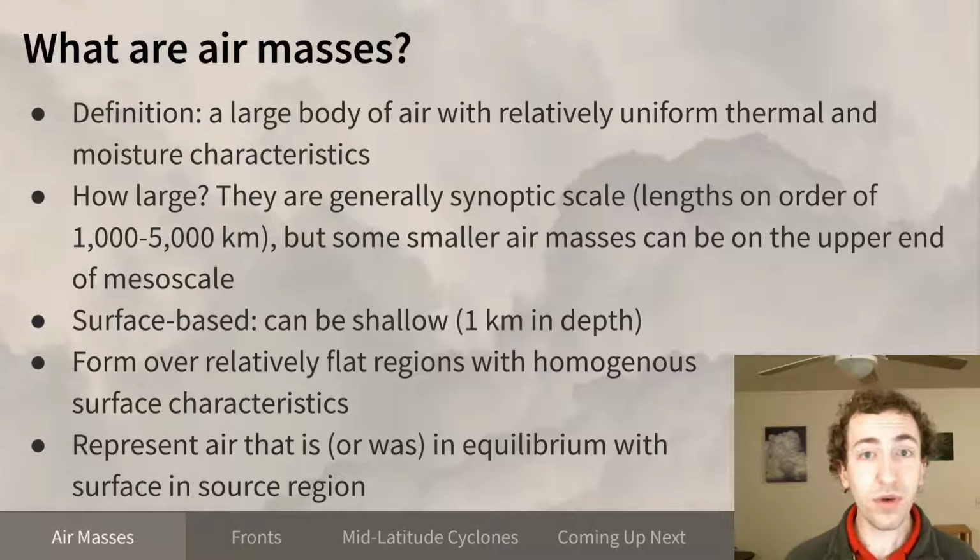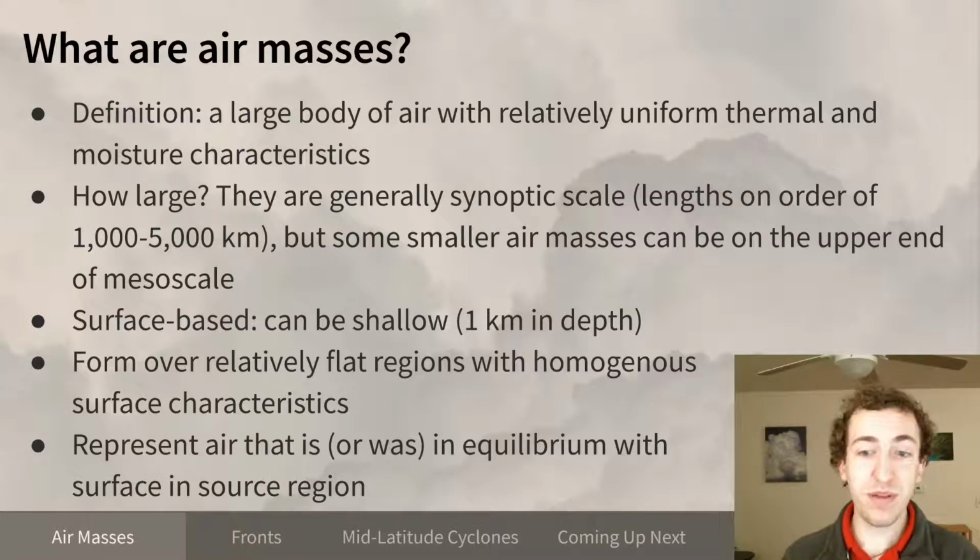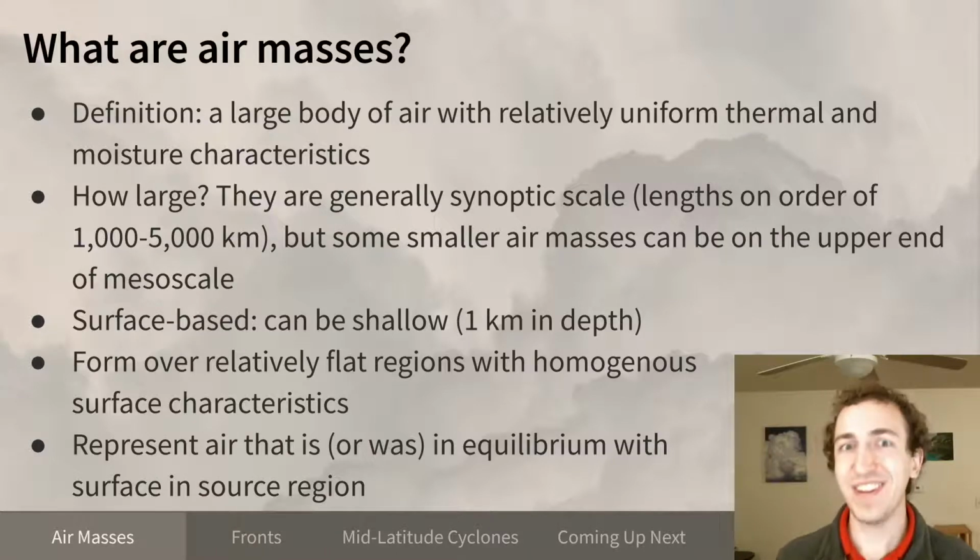They form over relatively flat regions, so that allows these relatively uniform characteristics to develop, because we want homogeneous surface characteristics so that, being in contact with the surface, the air can also develop uniform or homogeneous characteristics.